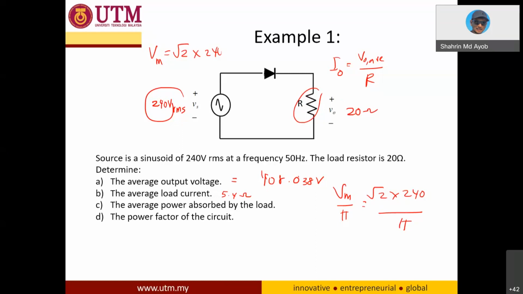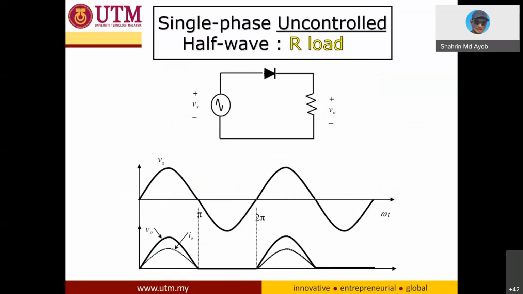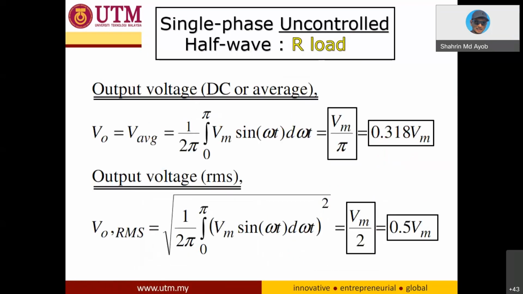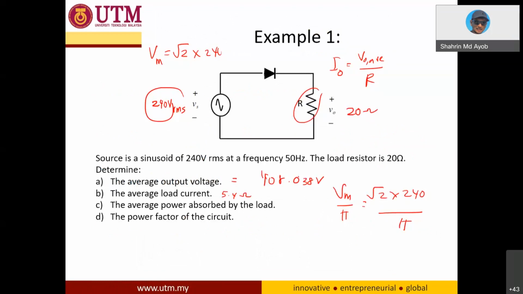If you recall this waveform, the waveform of the current follows the waveform of the voltage, but the value might be lower because the current is just the ratio V over R. So this is a linear load. When we deal with an inductive load, which has R and L, we consider it a non-linear load, and the analysis will be very complicated.